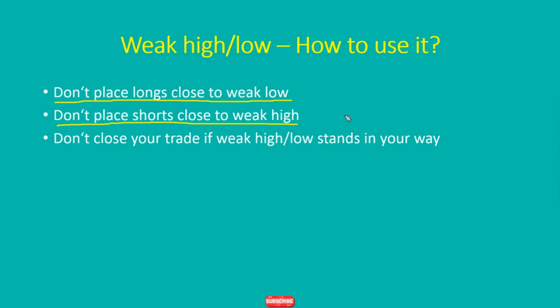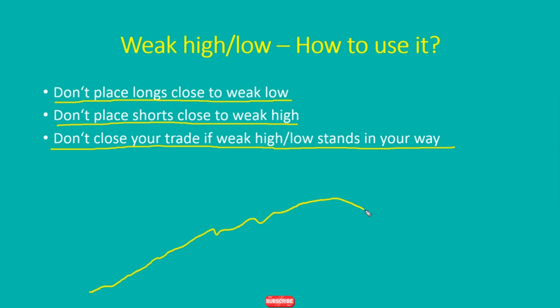Another way you can use weak lows and weak highs is that you don't close your trade if a weak high or weak low stands in your way. What that means is, imagine that you are in a long position and then there is a weak high created. This is the weak high, all right?